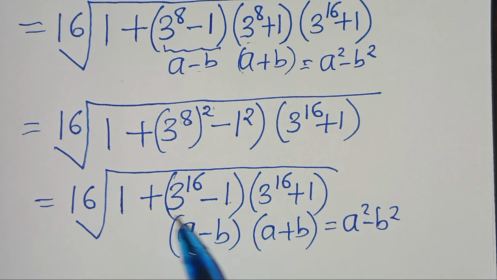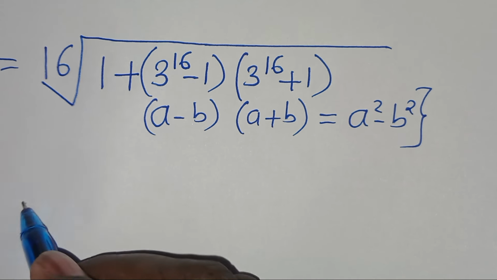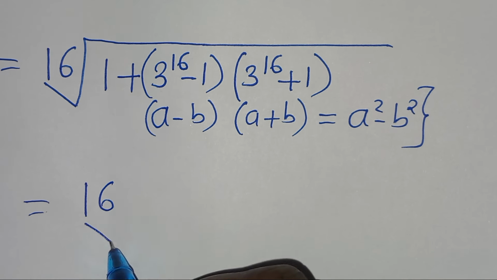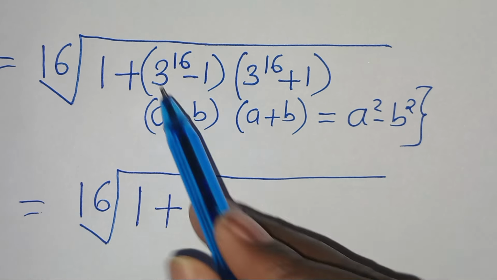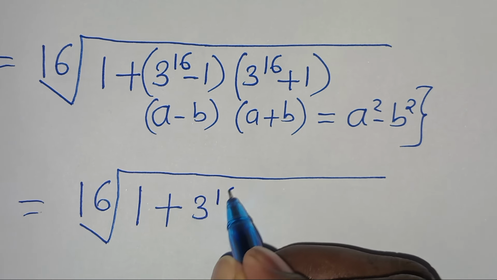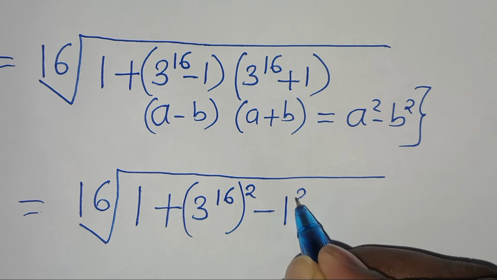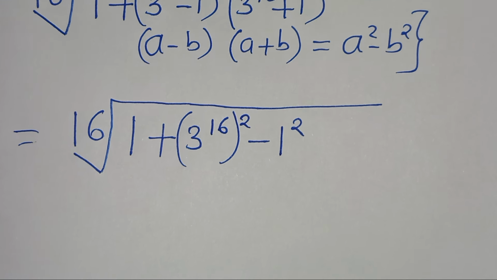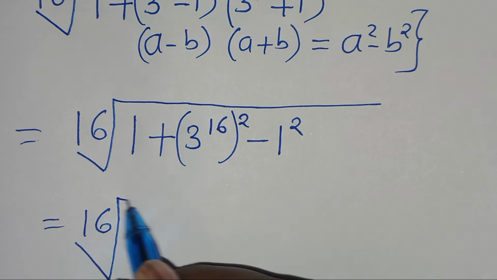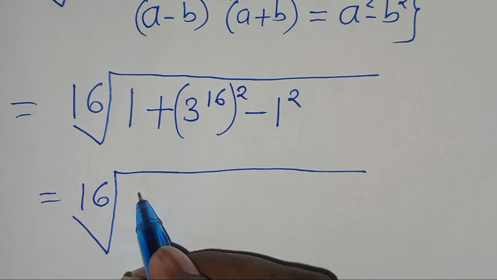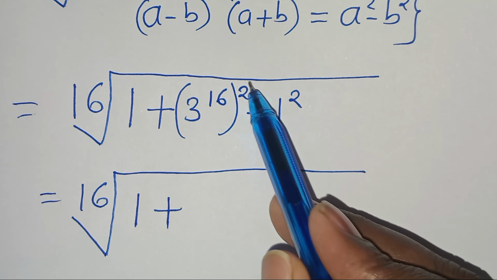So applying this identity, this means we have the 16th root of 1 plus, now this becomes 3 to the power of 16 raised to the power of 2, then subtract 1 to the power of 2. So now we have the 16th root of 1 plus 3 to the power of 16 raised to the power of 2.